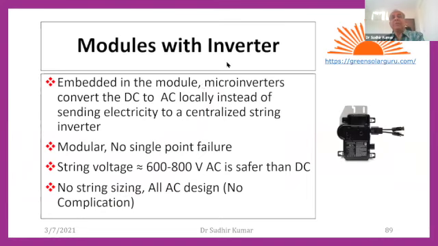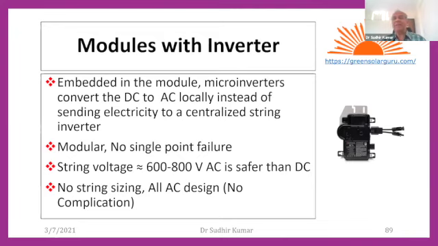Now, modules with inverter. Modules with inverter is a very interesting thing. Micro inverter. Normally, what you do is you attach many modules in series and parallel, then collect that power and give it to the central inverter.